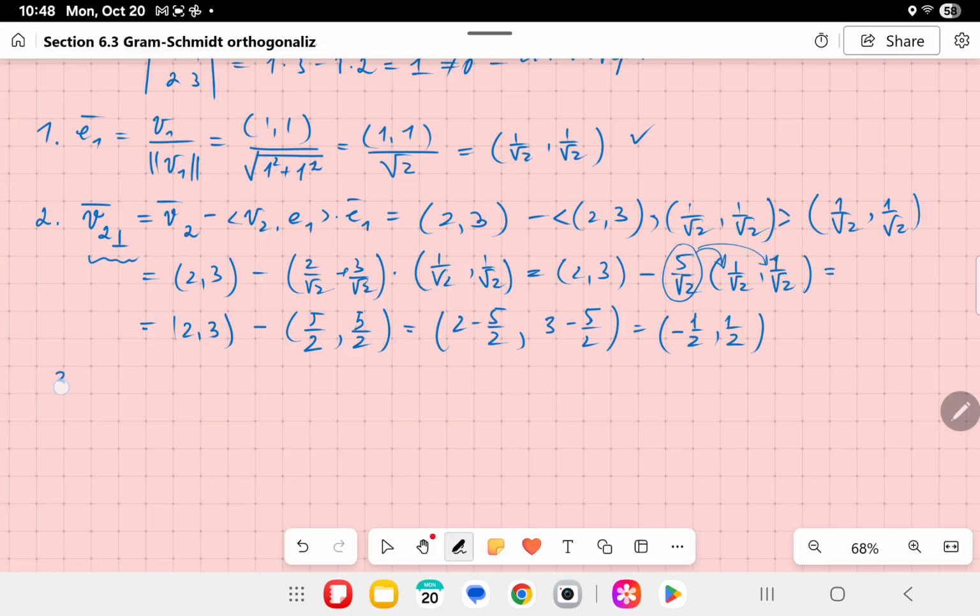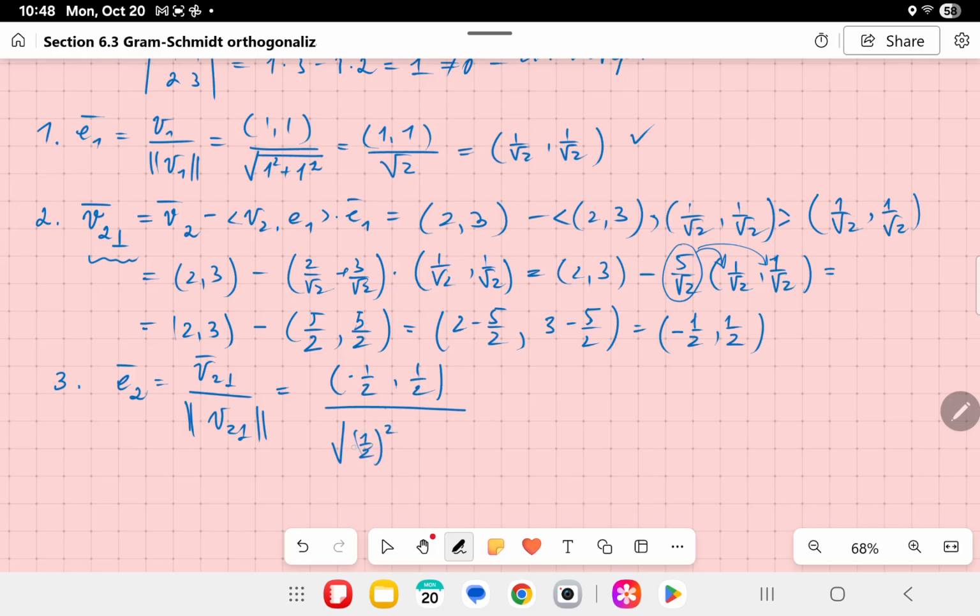The last step I'll need to do is normalize it. E2 is V2 orthogonal divided by the norm of V2 orthogonal. So -1/2, 1/2, my vector, divided by the norm. Norm is what? A square of each, right? So 1/2 squared.